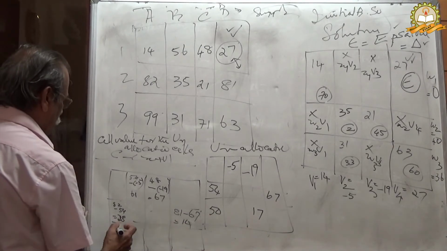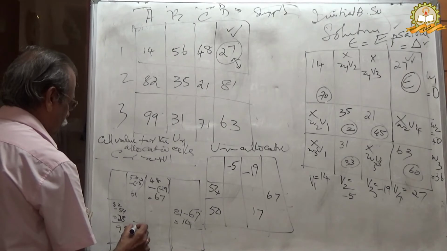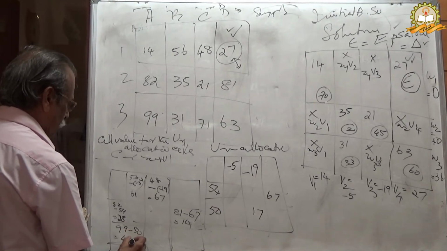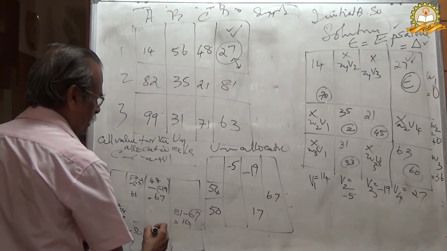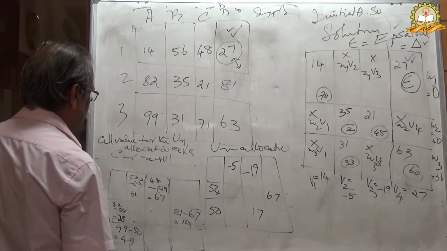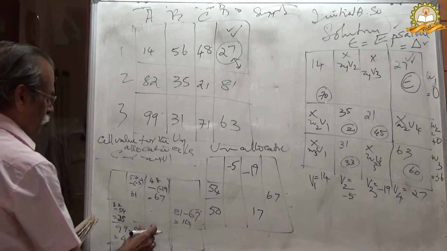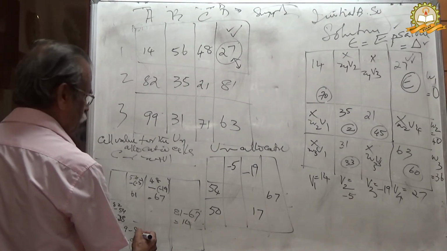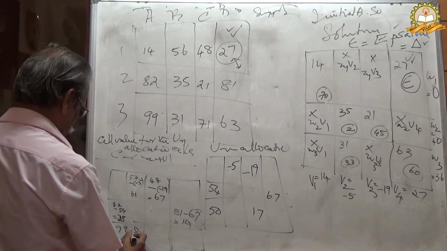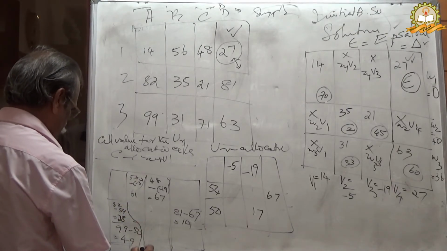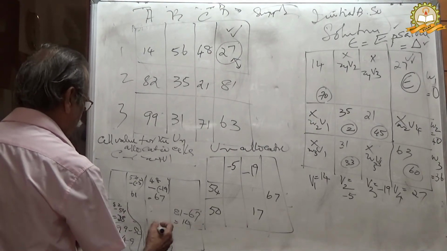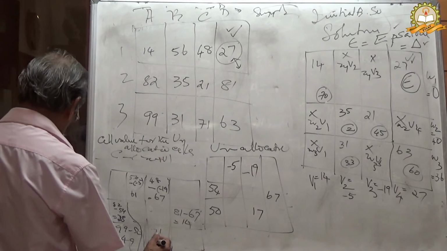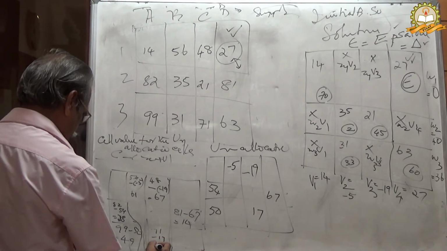and in this one 99 minus 50, 49, and in this one, second row, third column, 71 minus 17 equal to 64.